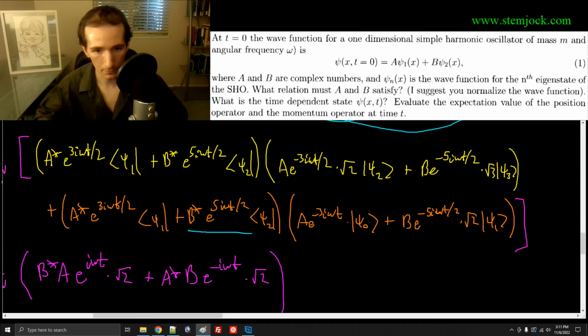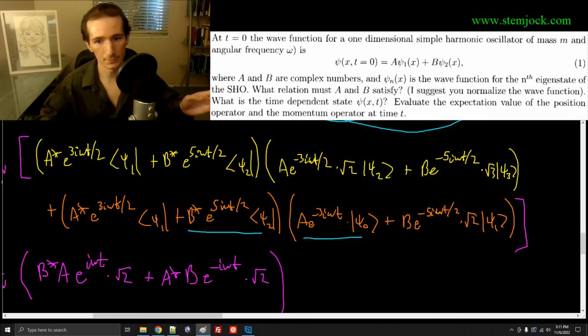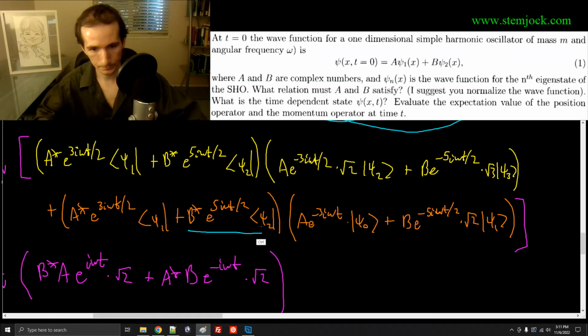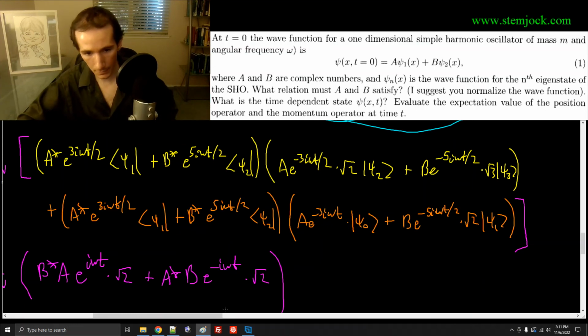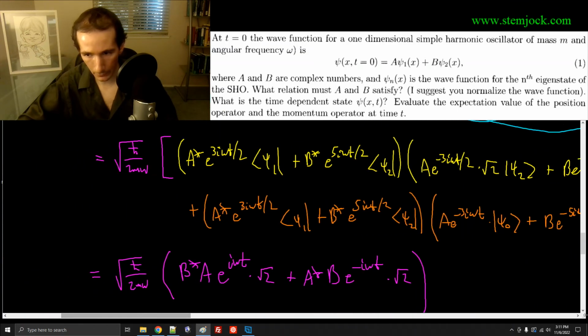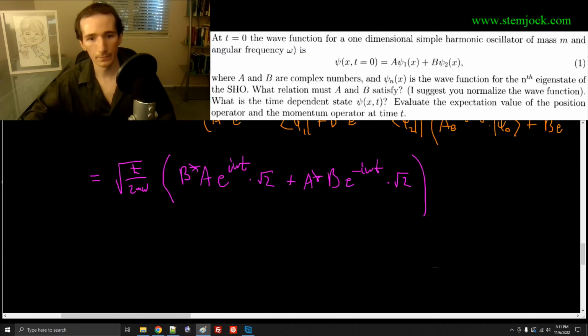Multiplying the inner terms, bra psi 2 with ket psi 0, that inner product is 0 because the second eigenstate and the ground state are orthogonal. Multiplying the last terms, bra psi 2 with ket psi 1, that inner product is 0. So this is our formula for the expectation value of the position at time t.